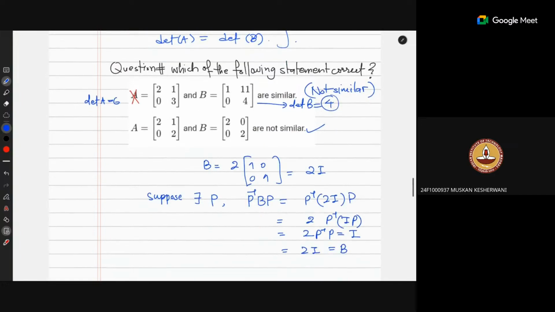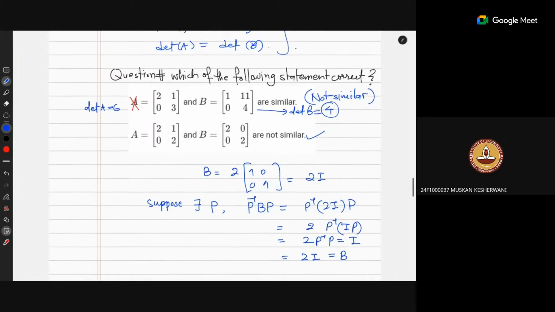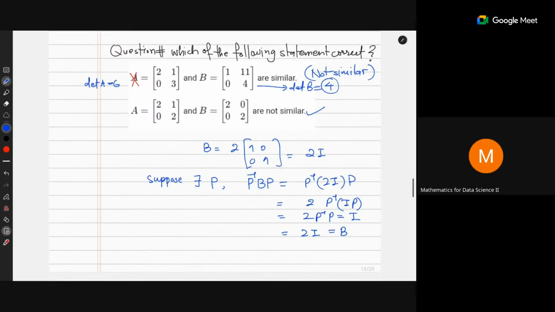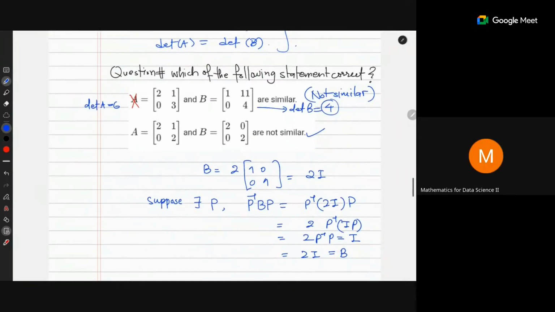But in the second example, as we see, all the conditions are satisfied, but still it is not similar. How can I see this kind of example? Because it does not satisfy the definition. B is equal to P inverse A times P. If it is similar, then it has such a matrix P. So for a similar matrix, it would be of this form, P inverse BP. Now B is equal to 2I.